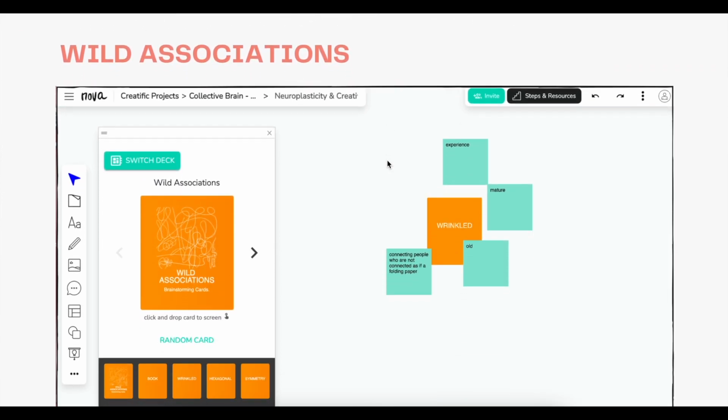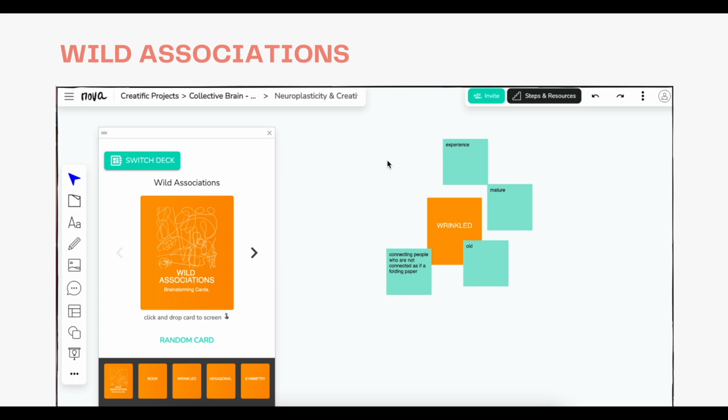The next one is Wild Associations. Wild Associations is a very easy to use tool. You can use it during a work session or while you are using a whiteboard. You can use our card decks. We have one called Wild Associations, or you can create your own with words and pictures and use it during that brainstorming session.